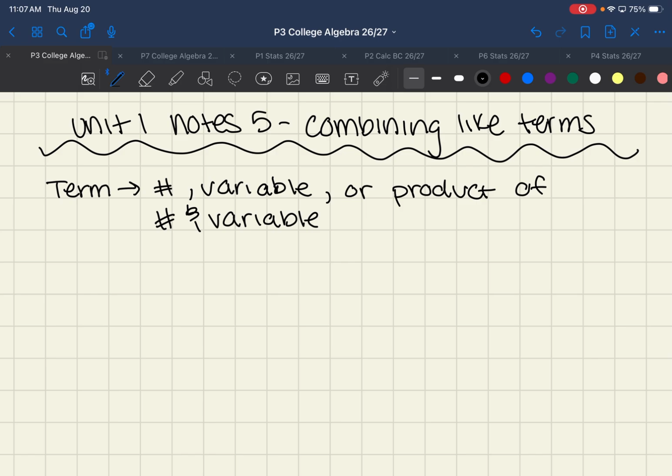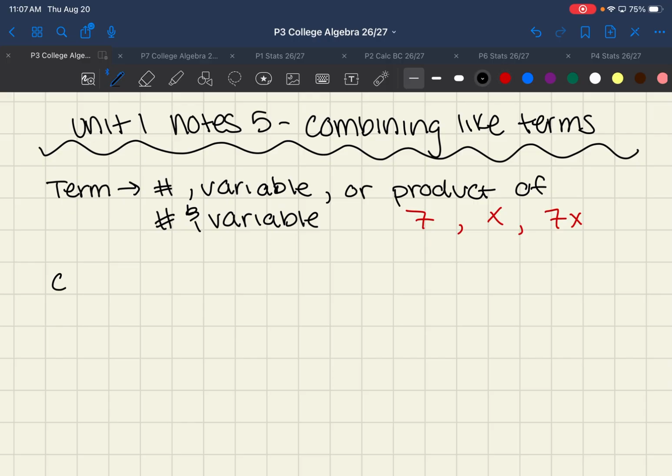Answers to multiplication. So that means we could have a term that's just 7. We could have a term that is just the variable x. But we can also have the term that is 7 times x, the product, which is 7x. These are all examples of terms.